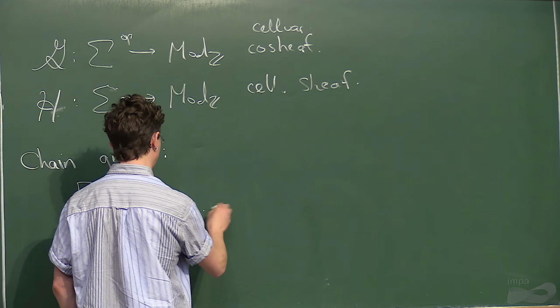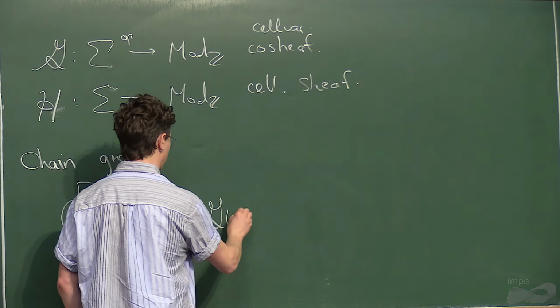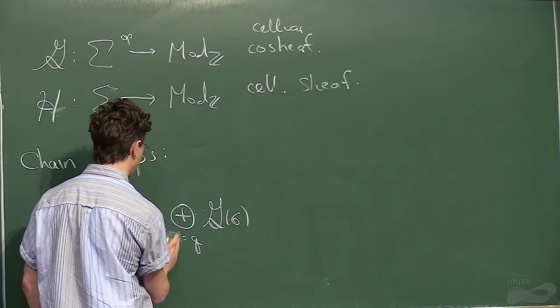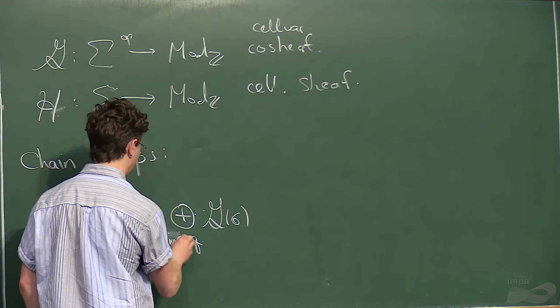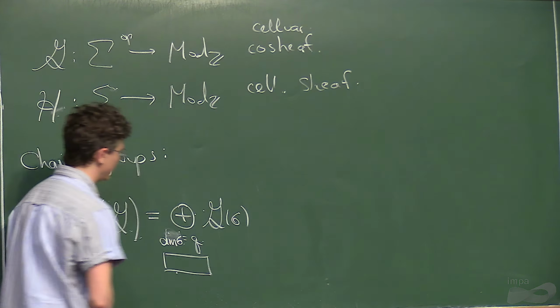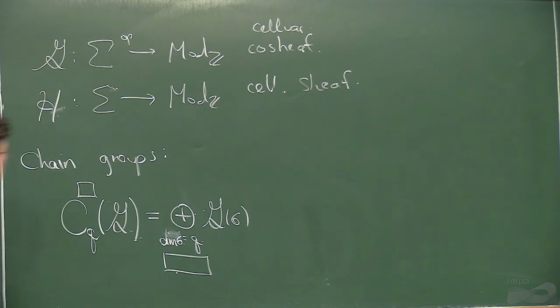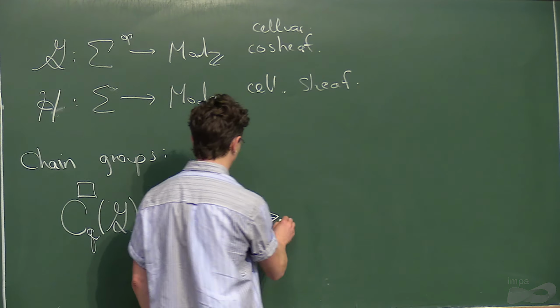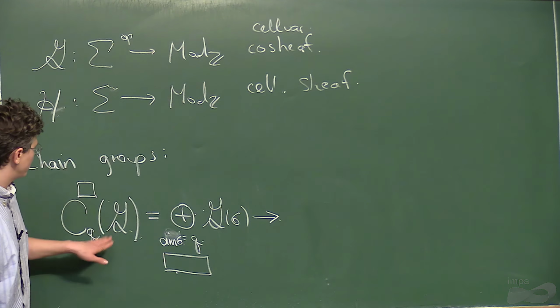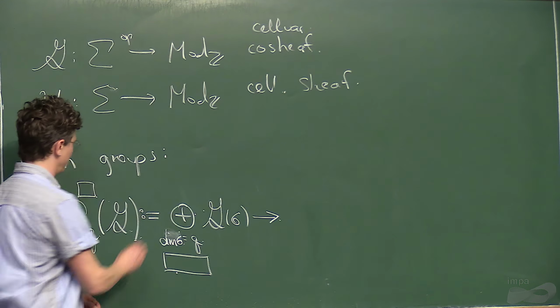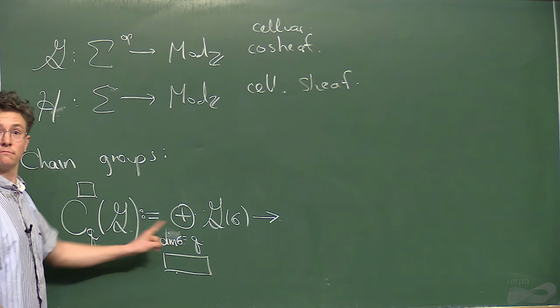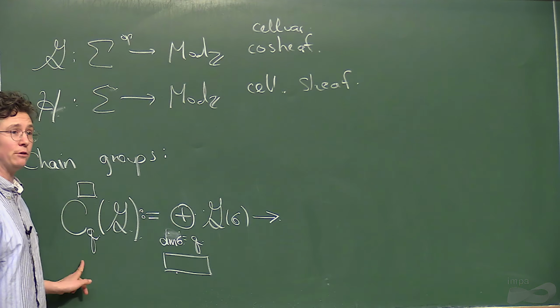Let me write dim sigma equals q. And I'll add some condition here in a second. So this is the definition of the cellular chain group, the q chains.